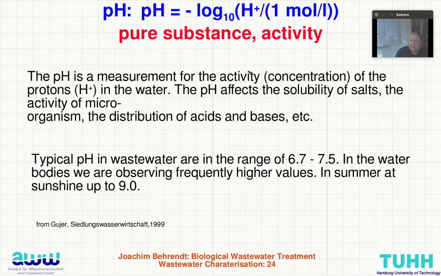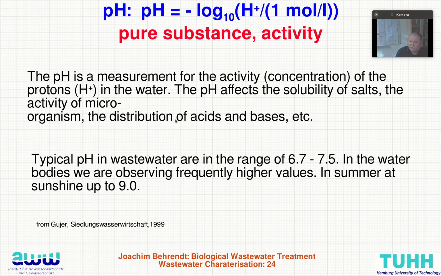And the pH is also an important topic. It's also about the activity of the protons that react in water to H3O+. Now, the pH affects the solubility of salts and also the activity of microorganisms. We will see the effect on enzymes.